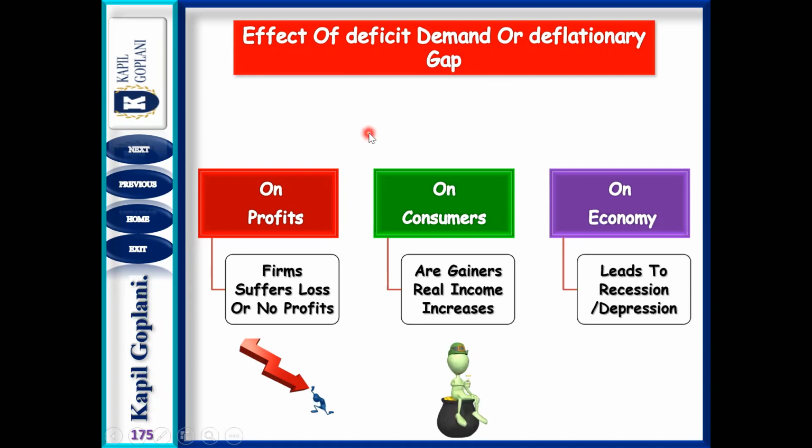And second, what will be the effect on the economy? The economy will be in a stage of recession. It will be at the stage of depression as we are facing now in the pandemic situation. The economy is in recession. You have heard the news of GDP going 23% lower than the same quarter of the previous year.